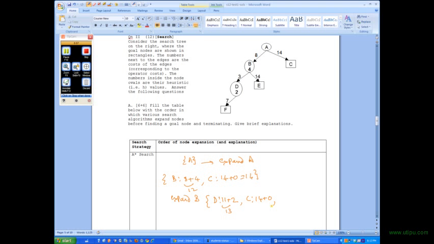And E has a G value of 8 plus 14, 22, plus H value of 0, so its F value is 22.